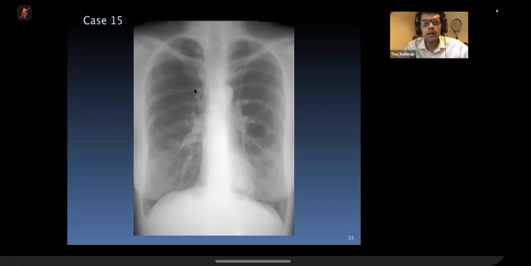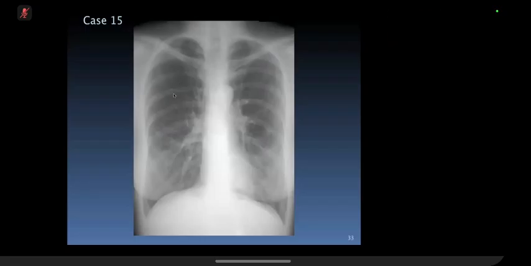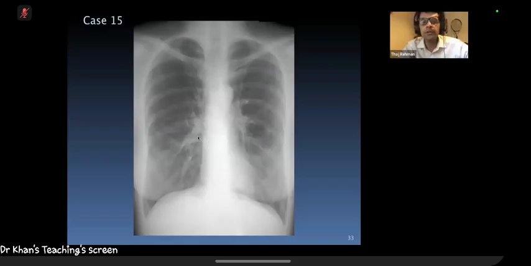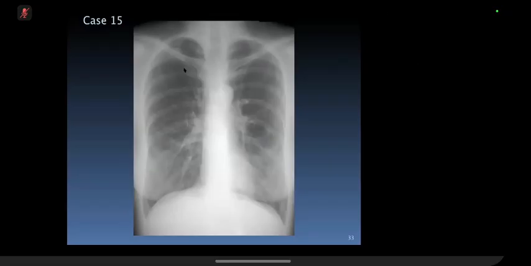So in your review areas, what are the things that you look at when you report a chest X-ray? Review areas: apices, costophrenic angles, behind the heart, and you always say something is normal. Trachea is normal, mediastinum is normal, and bones.